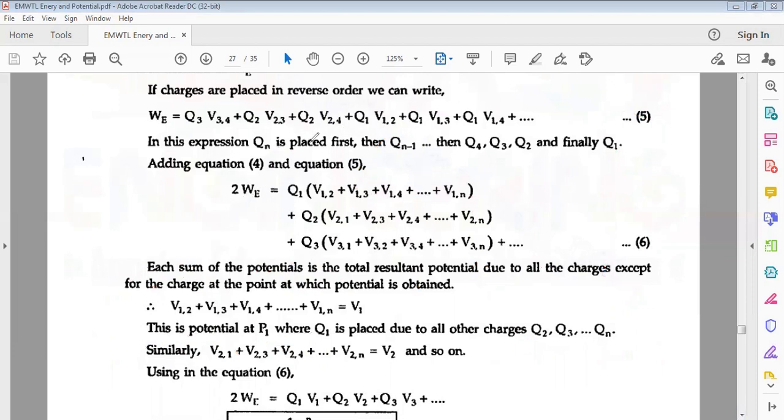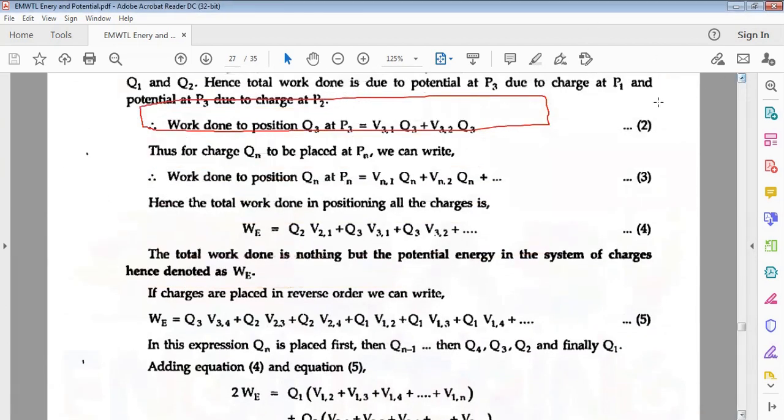WE is equal to. Previously we got this equation. Now, in the reverse order and forward order, WE is equal to Q2 V21 plus Q3 V31, Q3 V32.